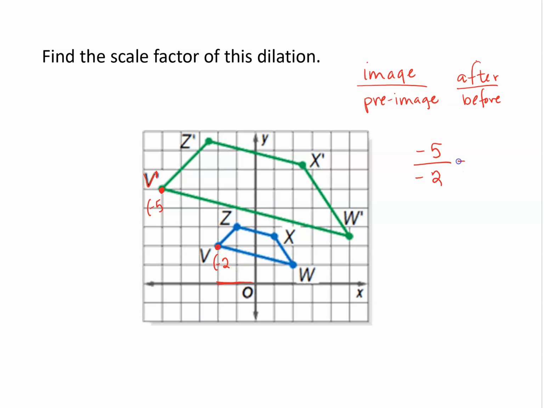That reduces to 5/2. Negatives cancel out, and now I have a scale factor of 5/2, which is a positive number. It's more than 1, right? Because that's 2.5. So we could say the blue one times 2.5 would get you the green one.